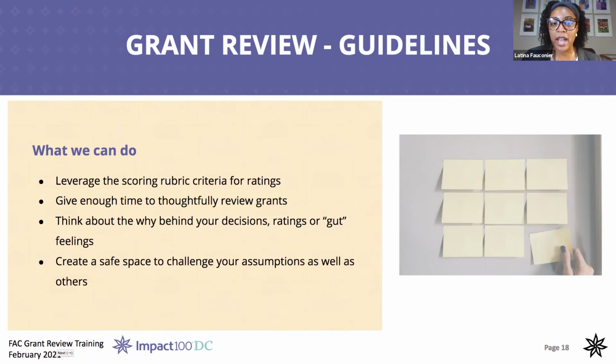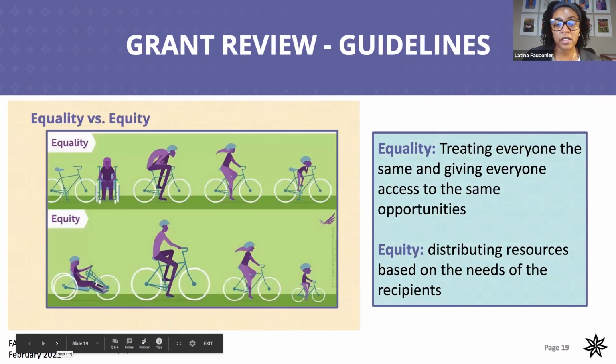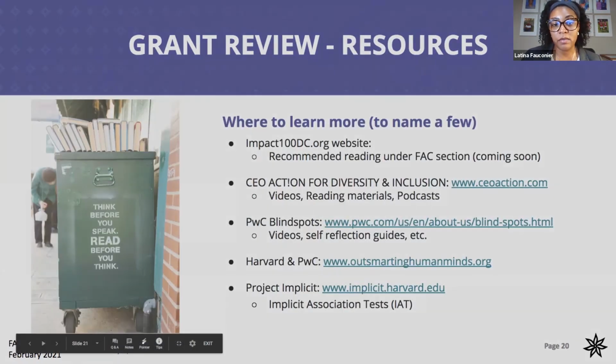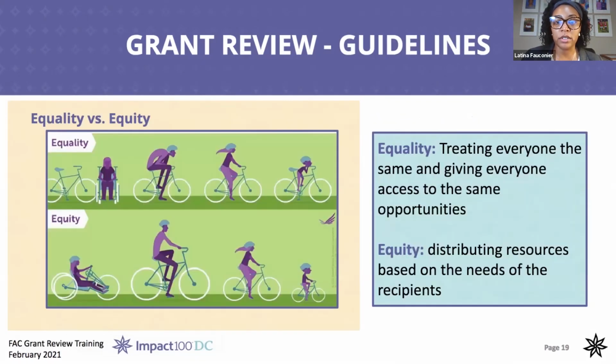And so, as Sharon went through in the criteria, Janelle, if you go on to the next slide, we talked about using this lens of equity. And so I want to spend a quick second to talk about this concept of equity versus equality. And I think this picture really shows well what the differences are.